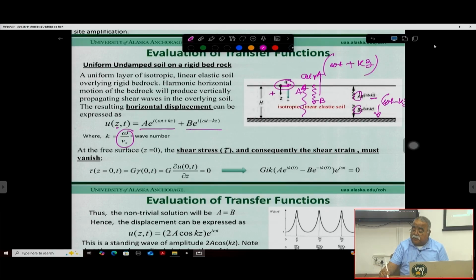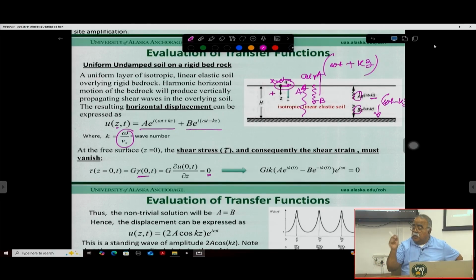At the free surface, that means z equals 0, the shear stress tau, and consequently the shear strain, must vanish, because there is nothing on that side, so it will be 0. So tau at z equals 0 and t, that is G times gamma at 0 t, so G times du by dz at 0 t equals 0.